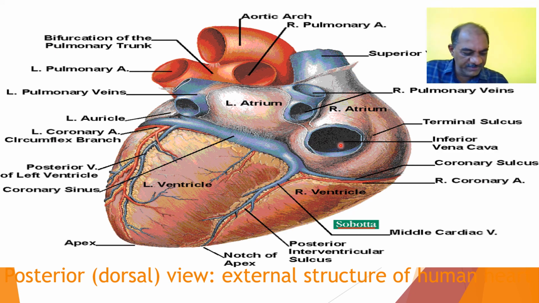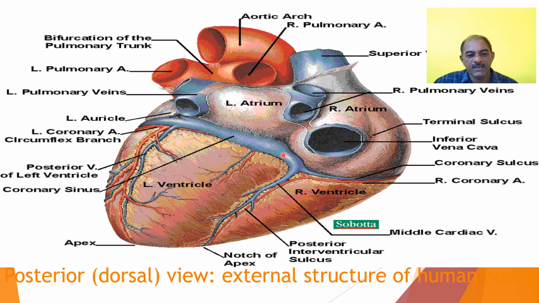Again, opening of this coronary sinus is seen near coronary sulcus. Coronary sinus is present where the coronary sulcus is present. This is the coronary sulcus. Means here a depression is present.